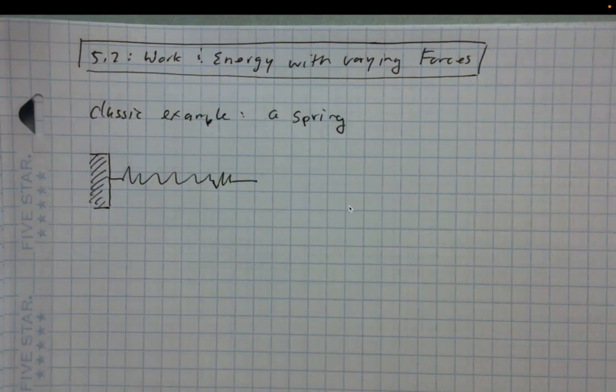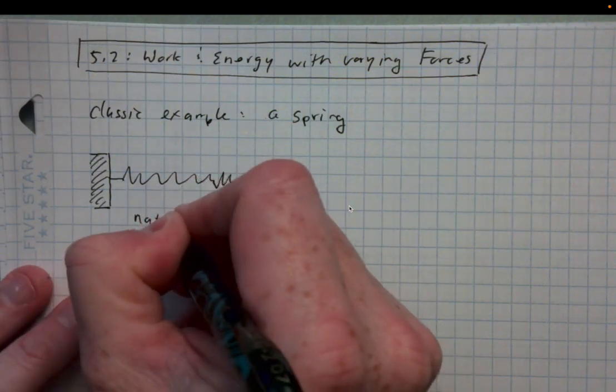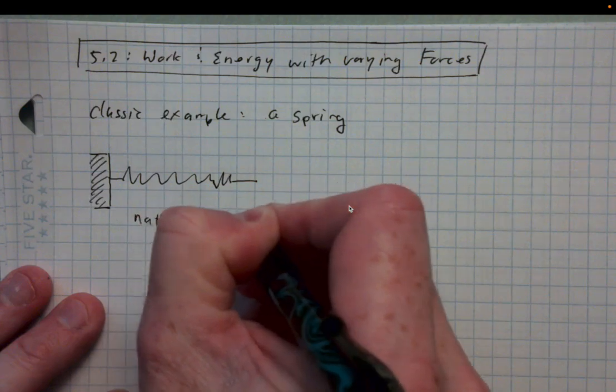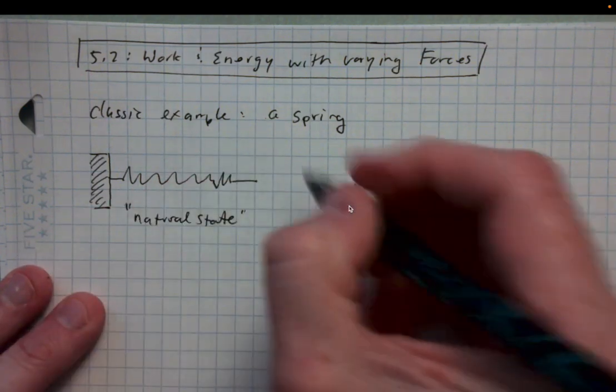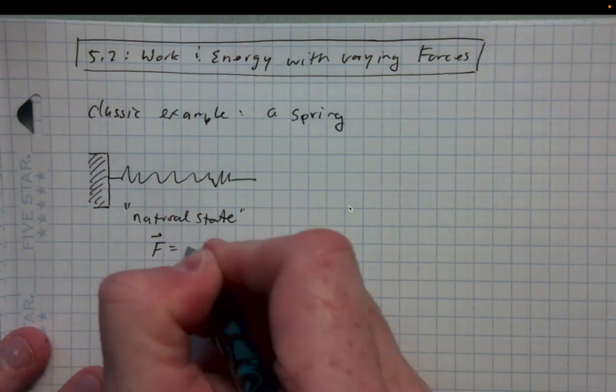And so all springs have a natural resting state or an uncompressed state. So we'll call this the natural state. Okay, and when a spring is in its natural state, it is exerting no force, right? So the force is 0.